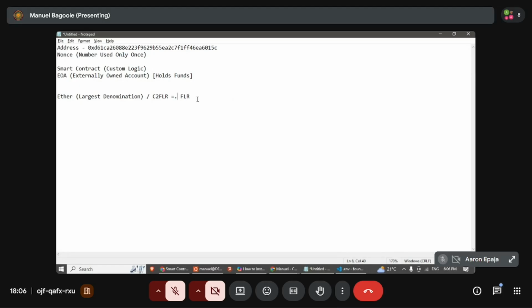Okay, so the second denomination is what is called Gwei, and this one is usually used to calculate. They each have specific purposes. This one is for front-end display, for you to be able to read the numbers in a format that is easy.